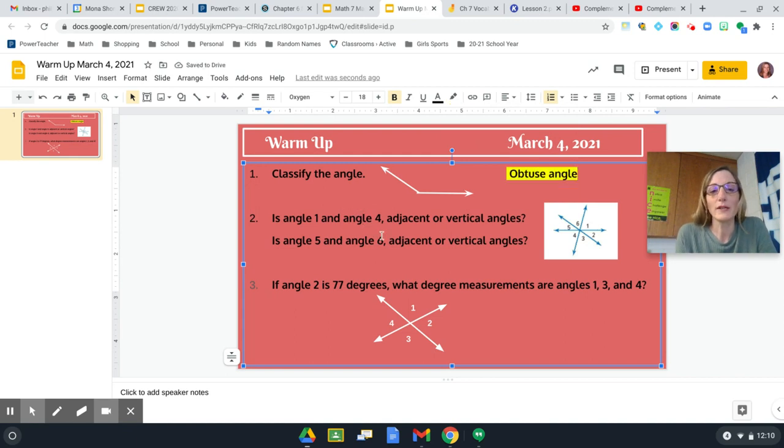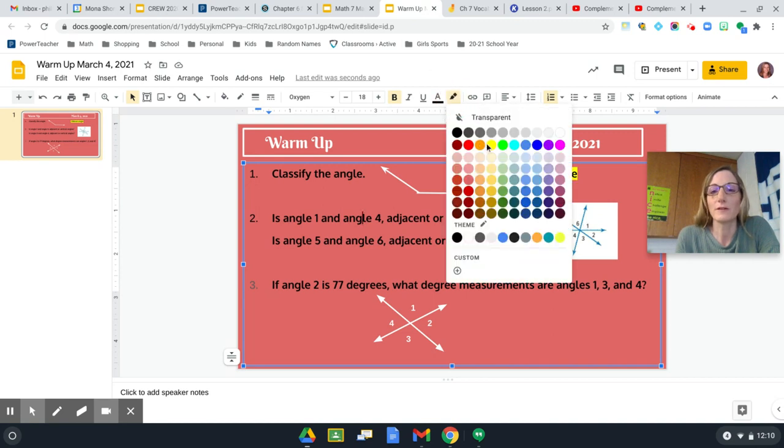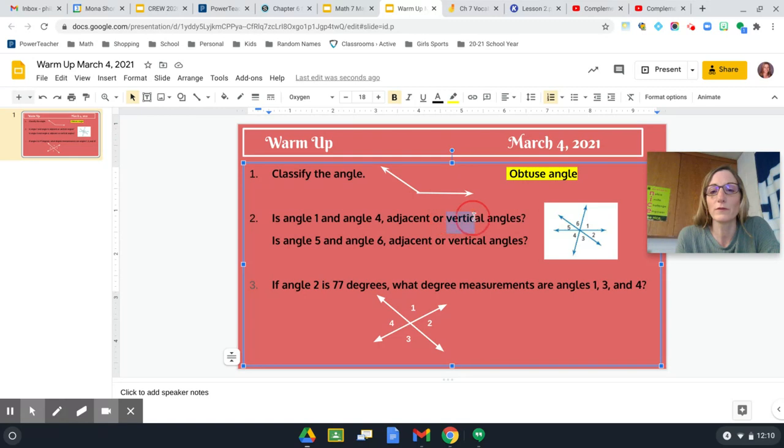Number 2, are angle 1 and angle 4 in this picture to the right adjacent or vertical angles? Angle 1 and angle 4 are directly across from each other, opposite of each other. And so in that case, they are considered vertical.